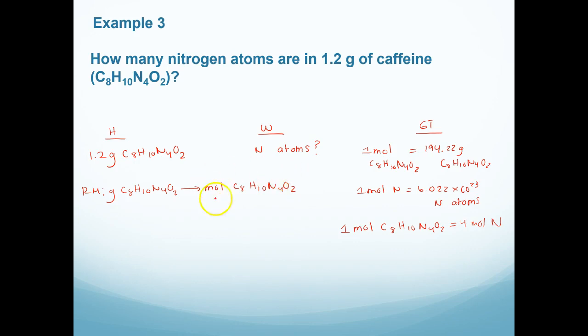And then from moles of caffeine, we said we can go to moles of nitrogen using the subscripts in the chemical formula. So moles of just nitrogen. And then from there, I can relate moles of nitrogen to nitrogen atoms.